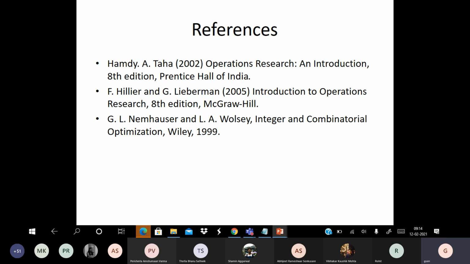But these may work or may not work, and we will see an example, and you will realize that this is not guaranteed to work, and in most cases it won't work.